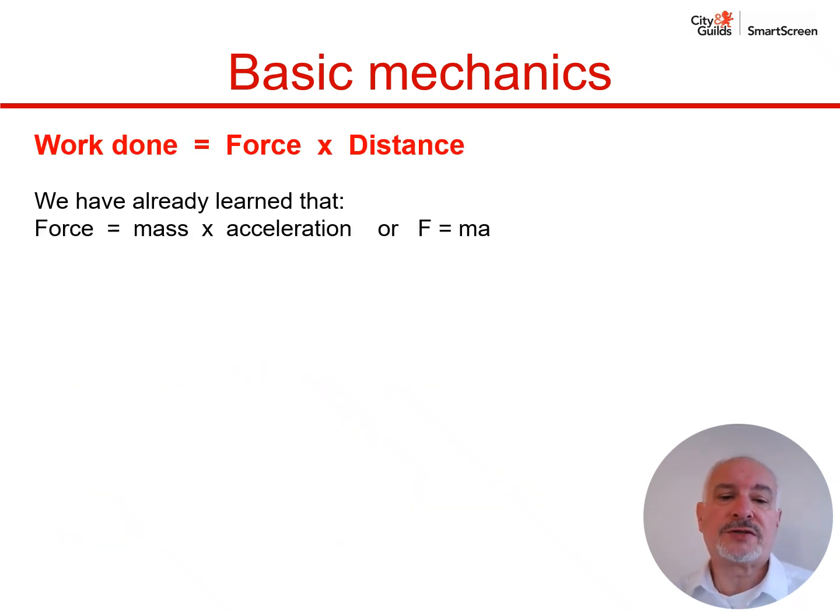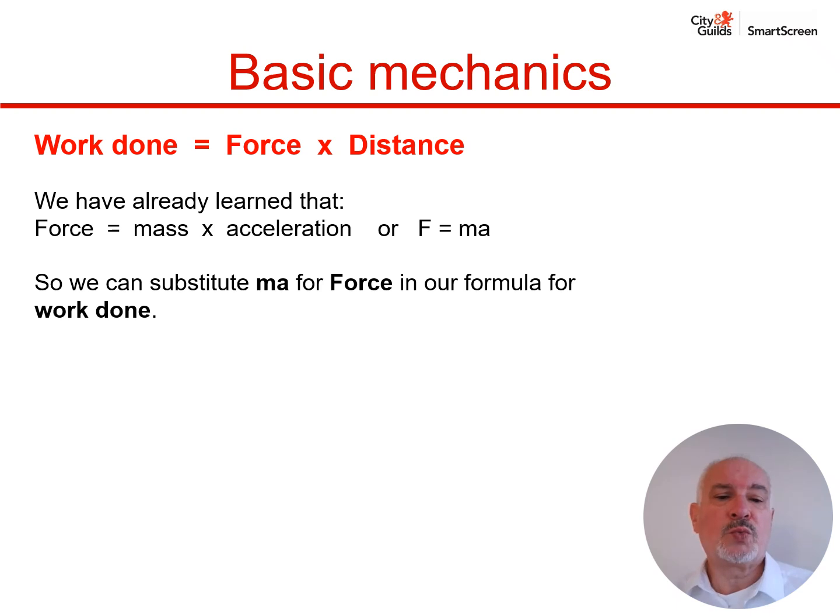Now we've already learned that force equals mass times acceleration. We looked at that in the previous video. F equals ma, force equals mass times acceleration. So when we think about the formula at the top of the screen, work done equals force times distance, and we know that force equals mass times acceleration, then we can substitute the ma, mass times acceleration, for force in our formula for work done.